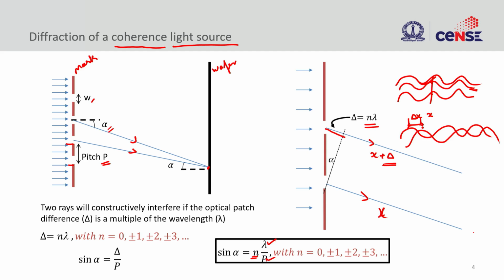The alpha depends on the wavelength that you are using, the pitch that you are using, and also the order of diffraction. n is just an integer, so it can be 0, 1, 2, 3 and so on. We will see how these look as we go along. So, the basic principle is, there will be a diffraction and there will be an angle difference, and this angle depends on your wavelength and your pitch.